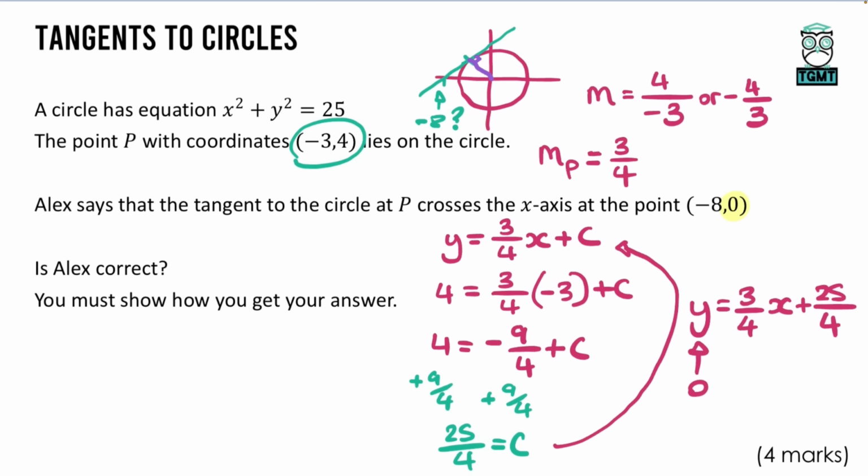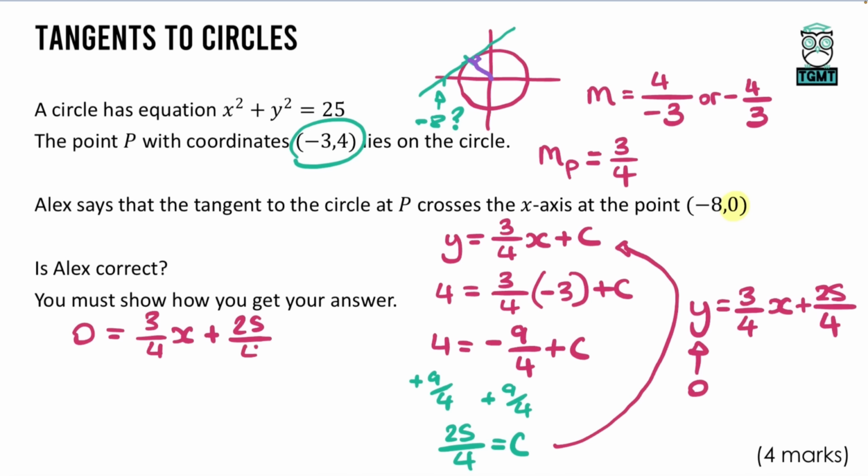The alternative is we could actually sub negative 8 in place of x and see if it equals 0. So it doesn't really matter either way. That might actually be the easier way in this particular question. However, had the question said find where it crosses the x-axis, we'd have to go for y is 0. So I'm going to go with that method because it's going to work for other questions, but it's not the only way of doing it.